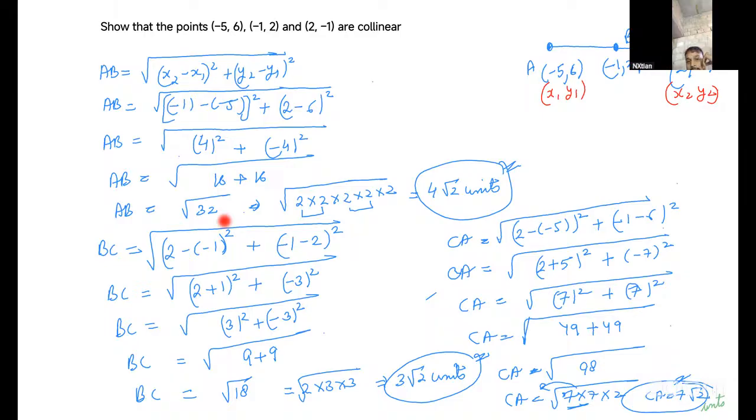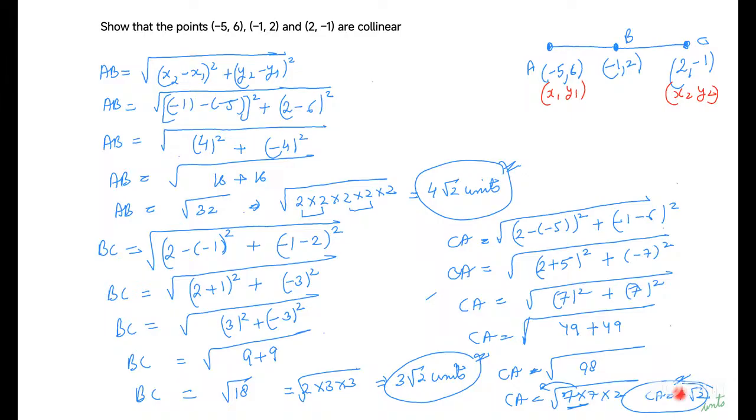And for AC I did something similar, 49 plus 49. Okay, no problem in that. We did a mistake. So it is 4 plus 3, then it will become 7, and 7 root 2. So they are collinear points. Do you want me to do the last step also, Miracle? No, sir. I did this myself here. No problem.